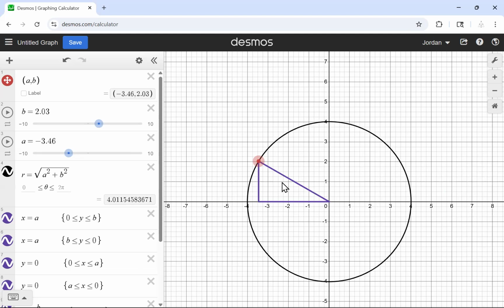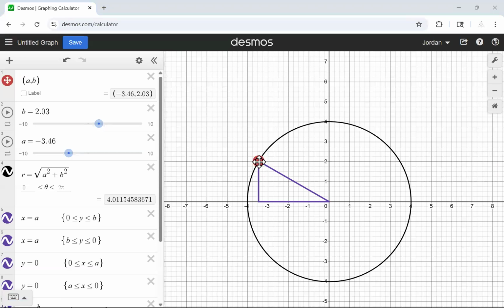A positive angle would move counterclockwise. But for negative 7 pi over 6 we move clockwise 7 pi over 6 radians. And then we're moving out 4 units, and we get to that point there, or something close to that point anyways. And again, this point is in the second quadrant. Quadrant 1, 2, 3, 4. So this is a quadrant 2 point.